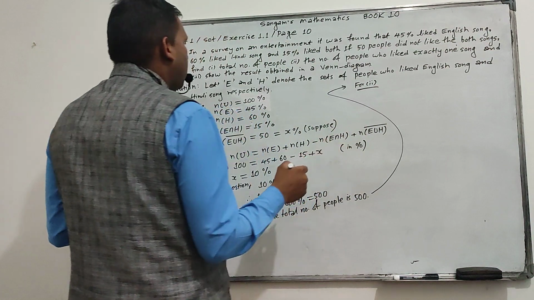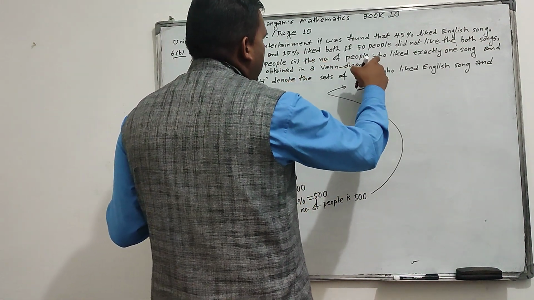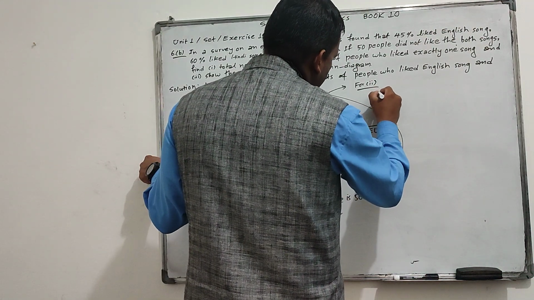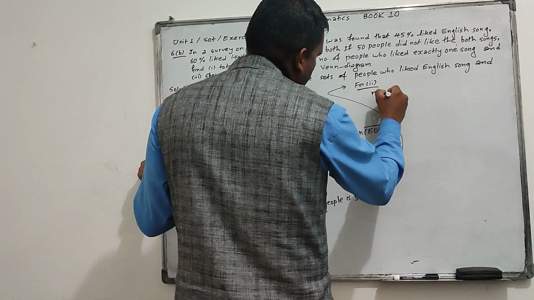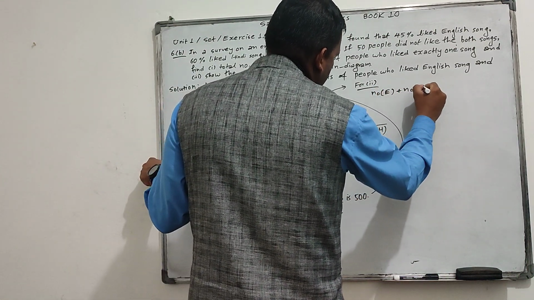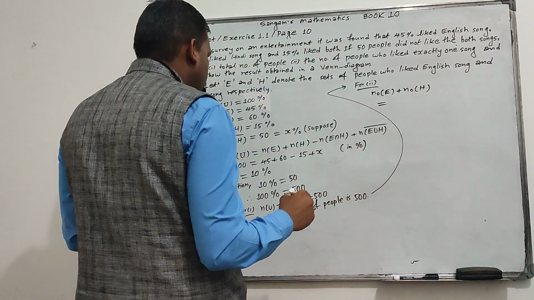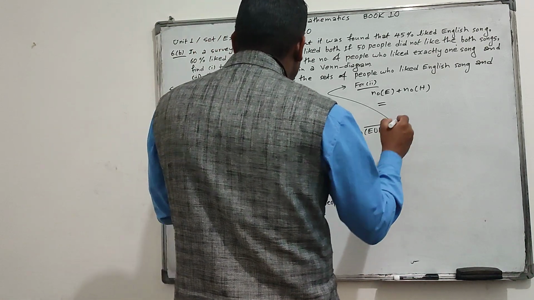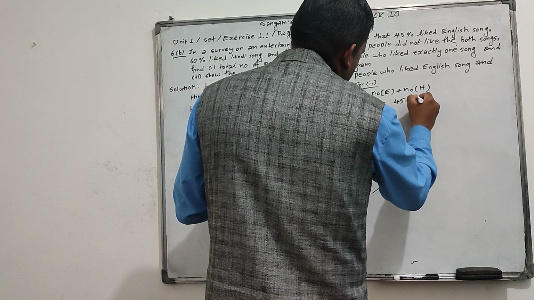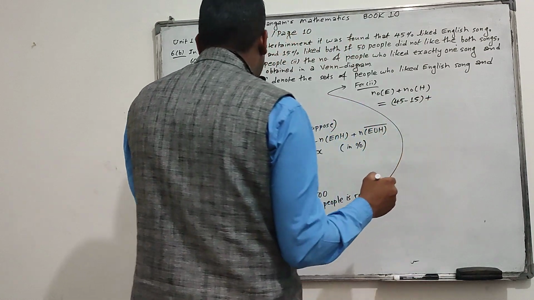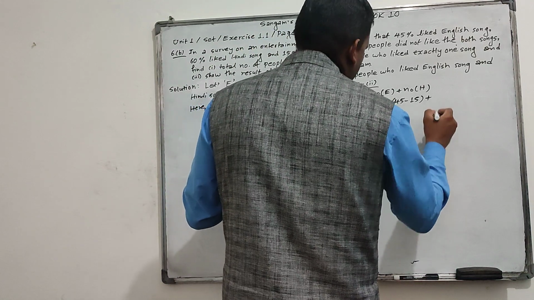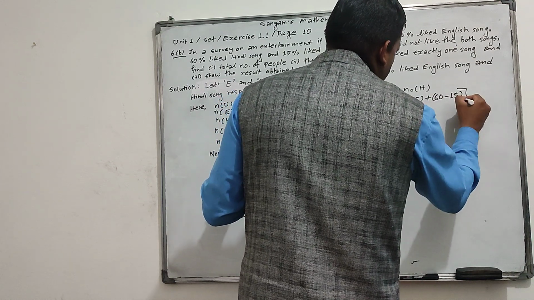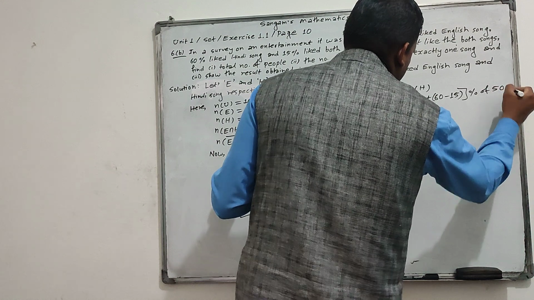Number 2, the number of people who like exactly one song. n(E only) plus n(S only) equal to 45% minus 15% plus 60 minus 15% of the total people, 500.